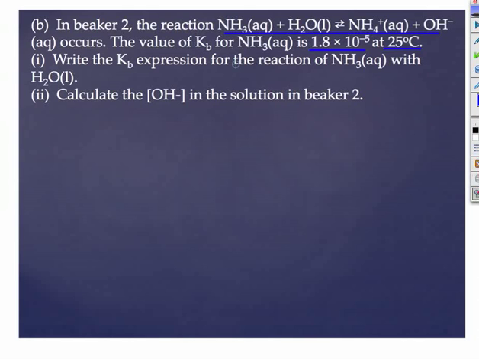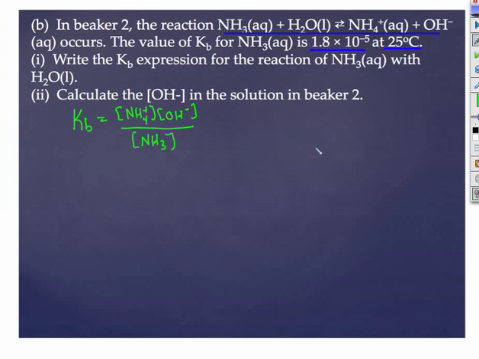Right? Now, it asks us to first set up the Kb expression. So we have Kb is equal to NH4 plus times OH minus over, whoops, I forgot my 4 there, sorry, NH3. Now, we have not added volume to volume.